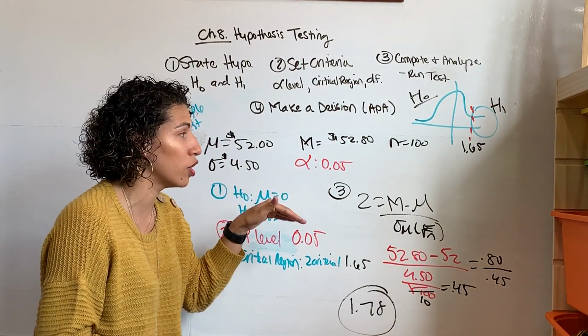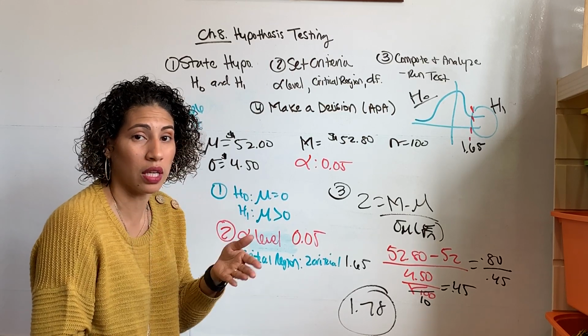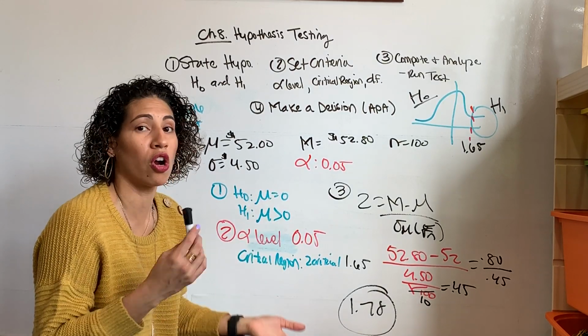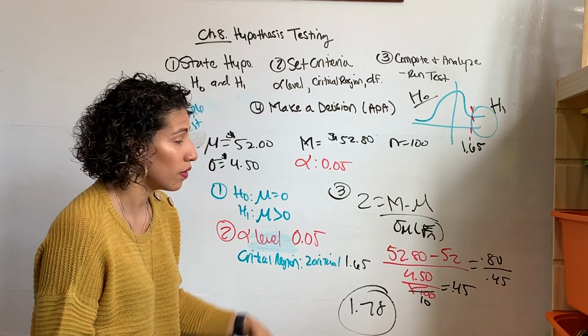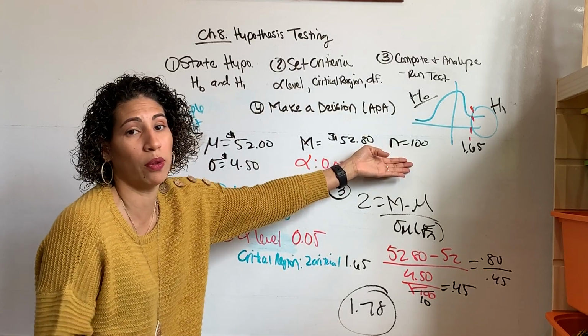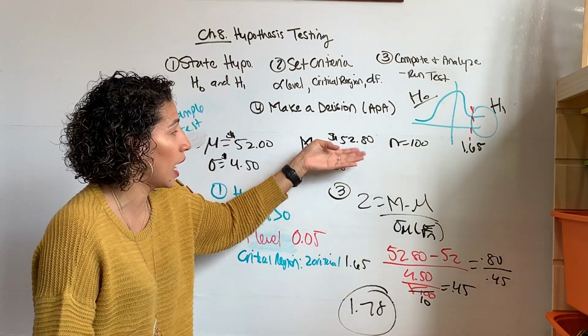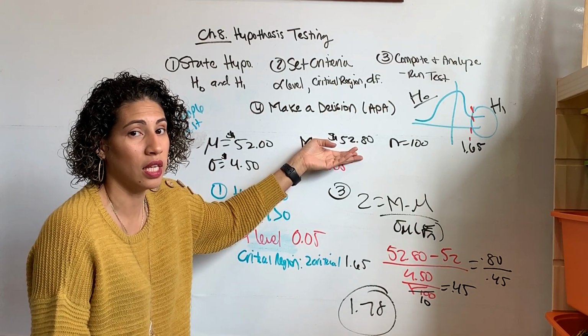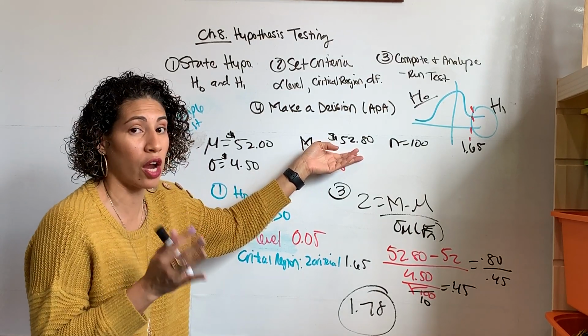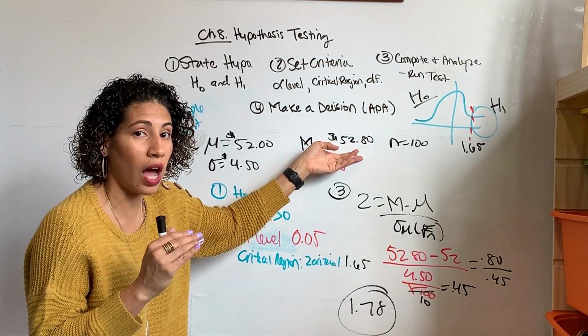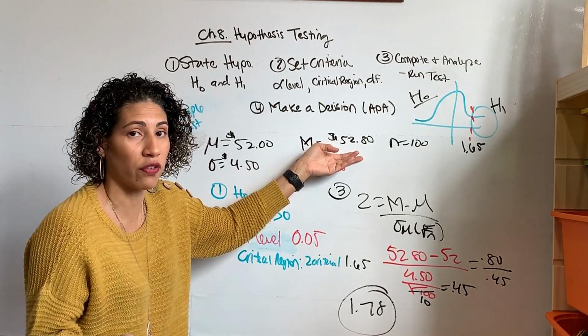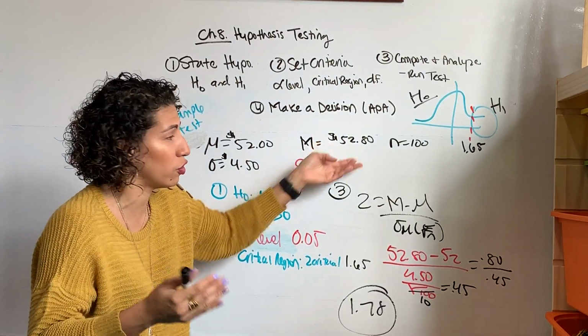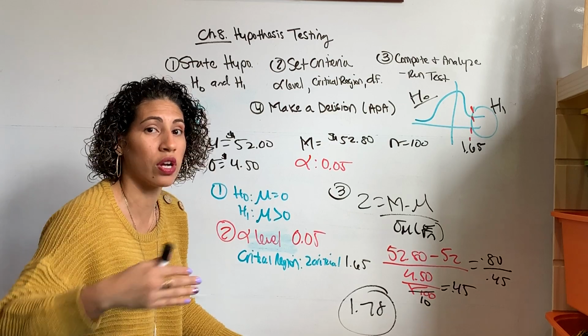So the smart college students were saying that we believe the cost of college textbooks is significantly higher. And when they actually got a random sample of 100 textbooks and got this average cost of $52.80, they said, okay, look, we actually got a higher cost, but let's find out if that higher cost is significant enough to demonstrate that the cost is actually going to be higher in the long term.